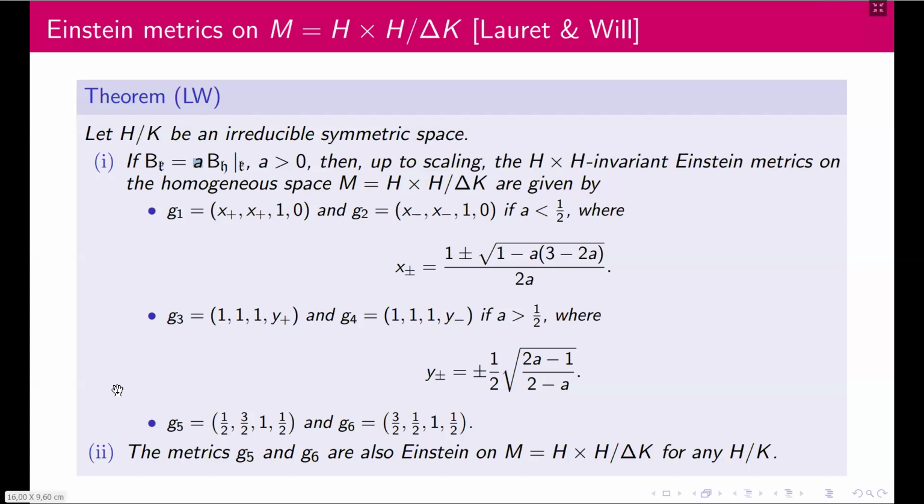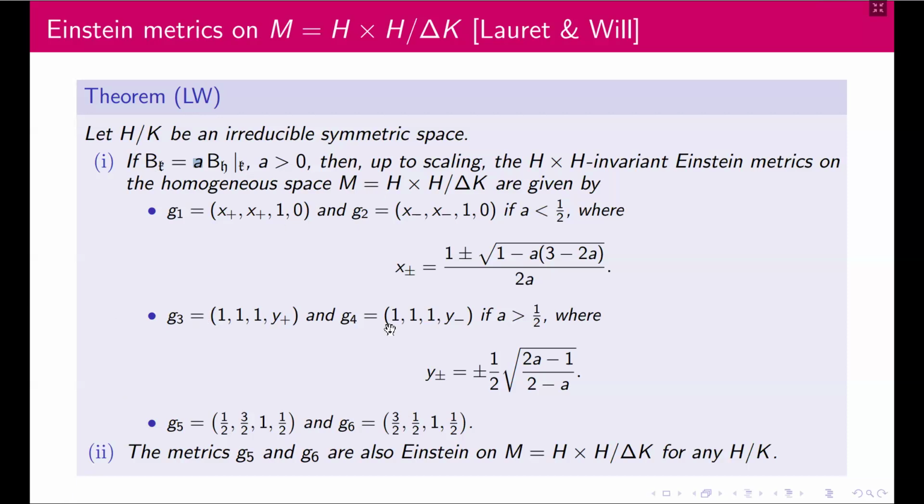But they also found that these metrics, G5 and G6, are Einstein on any M, no matter the condition about the Killing forms, whether A is greater than or less than 1/2. G5 and G6 are Einstein on any homogeneous space M.